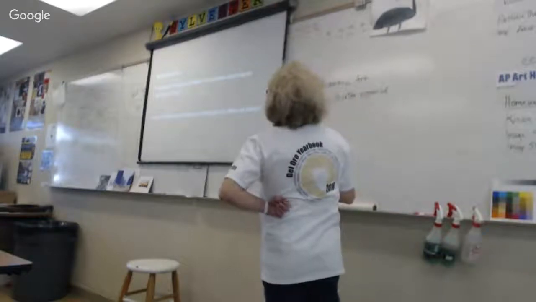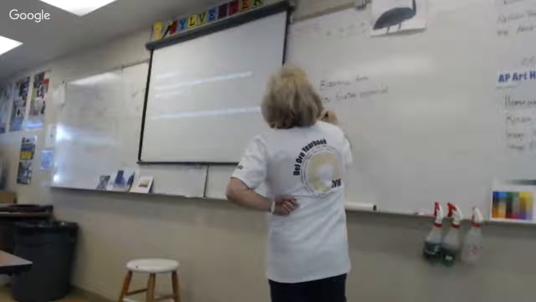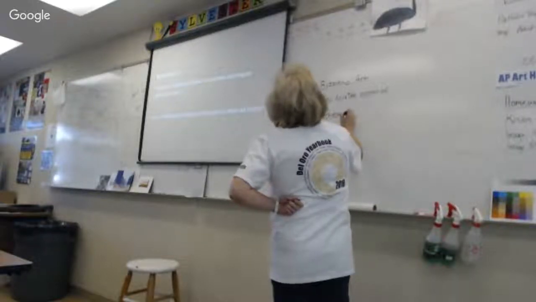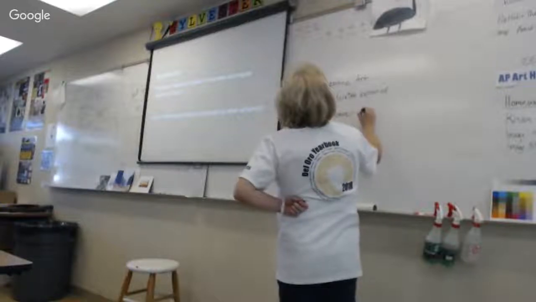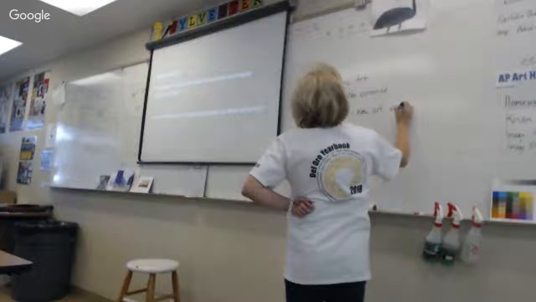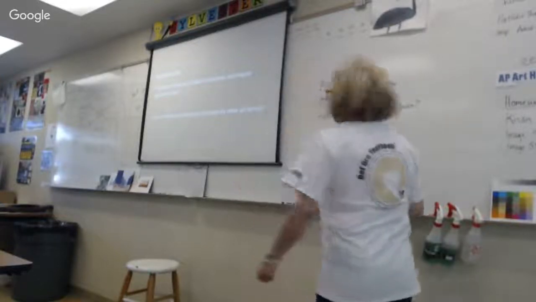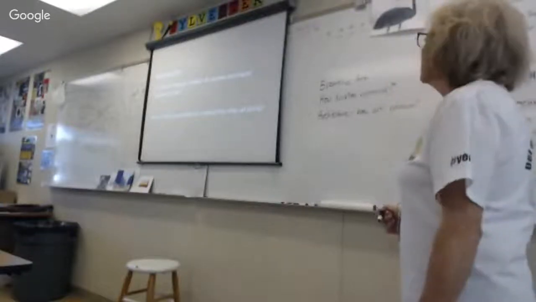So then the next thing I would write, and the next one I might put architecture. How art enhances. So I'm not writing down every single word. I'm just kind of putting the main points.